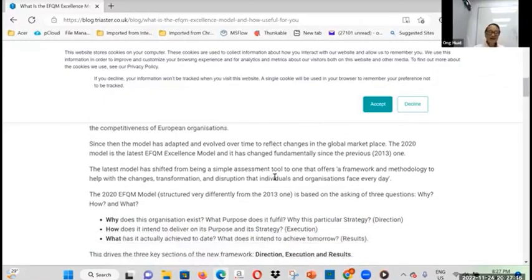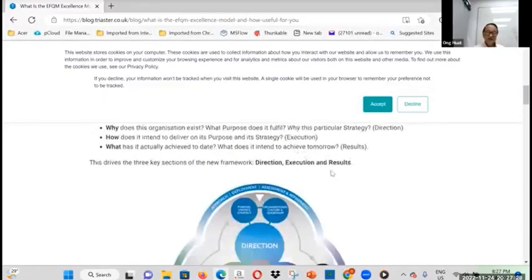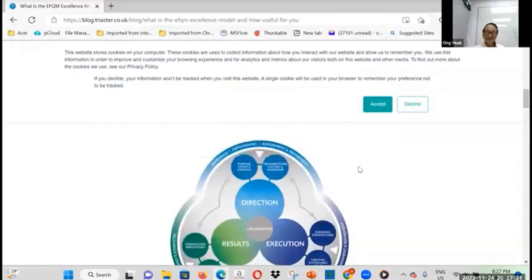All right. And that is the EFQM model. There's a lot of changes, right? But it's just like that.